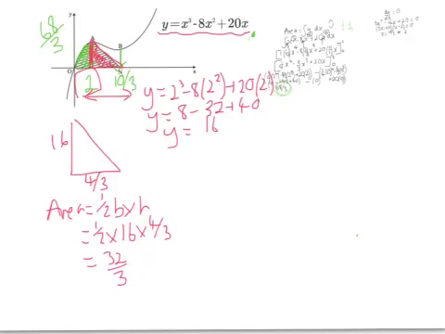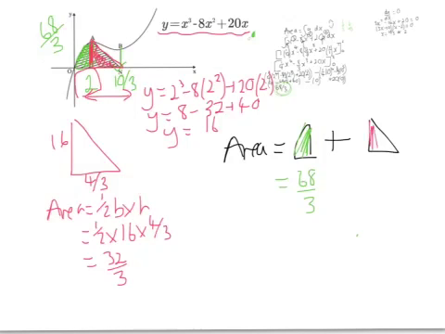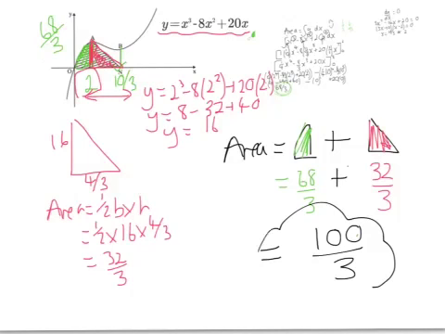The overall final area is the area of my little green bit, which was 68 over 3, plus the area of my red triangle. What did we say that was? 32 over 3. And if we add those together, the final area is beautifully coming out as 100 over 3.